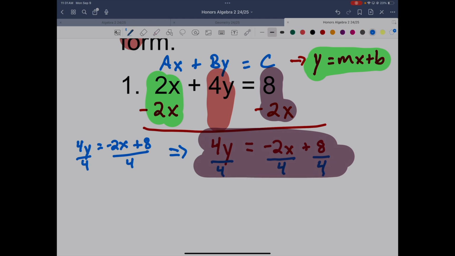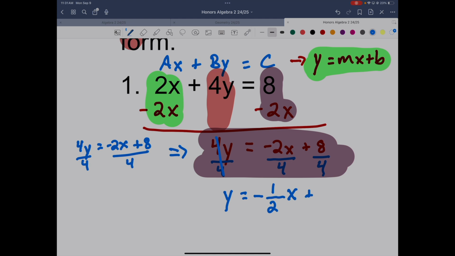It's easier. 4 divided by 4 is 1, so that just leaves me with y equals. I've got a negative divided by a positive, so that's going to be negative. Now I'm going to reduce the fraction. 2 goes into itself once and into 4 twice. And the x value is still going to come along for the ride.